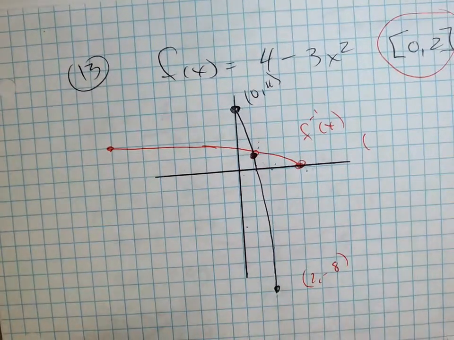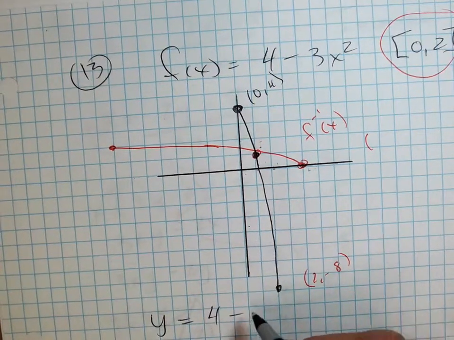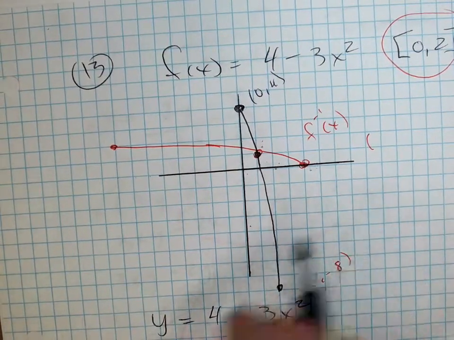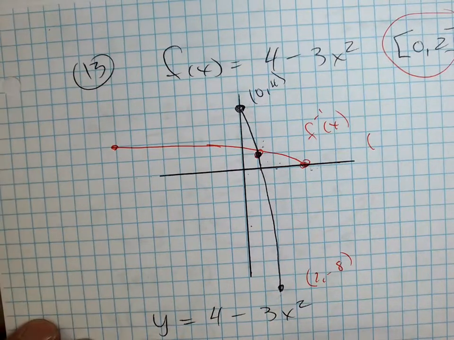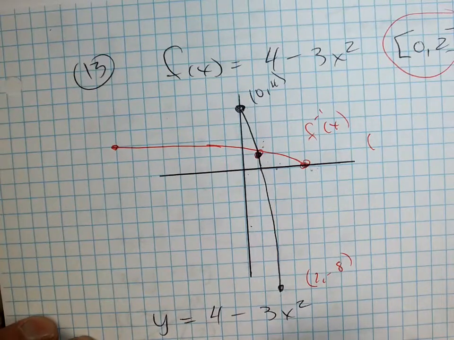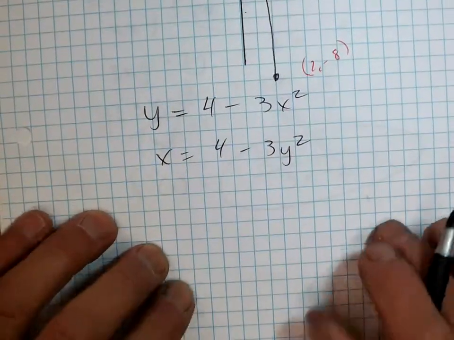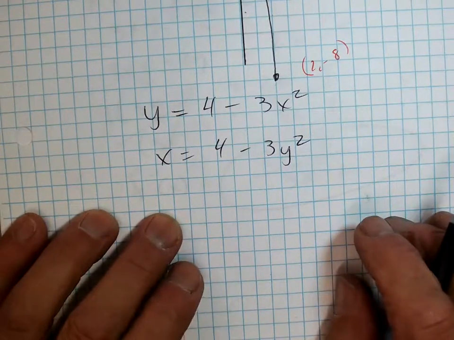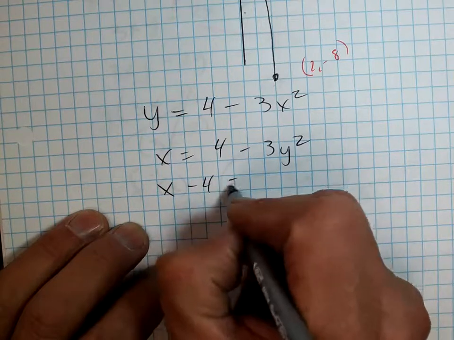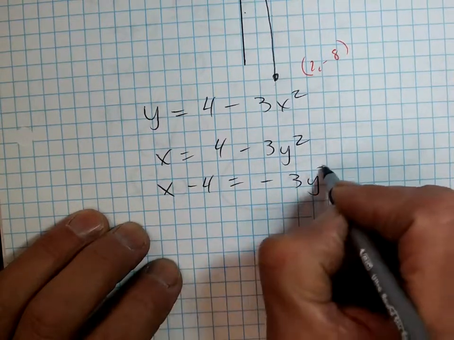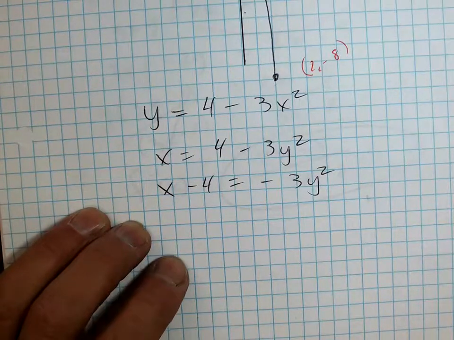Okay, so let's see what the inverse equation is. y equals 4 minus 3x squared. How do I find the inverse equation? Switch them. x equals 4 minus 3y squared. Then let's solve. Minus 4. We're still on 13.